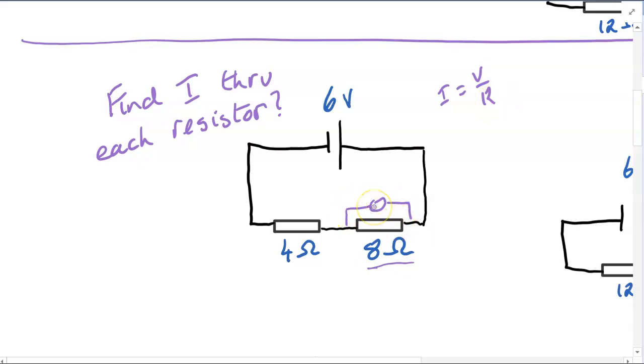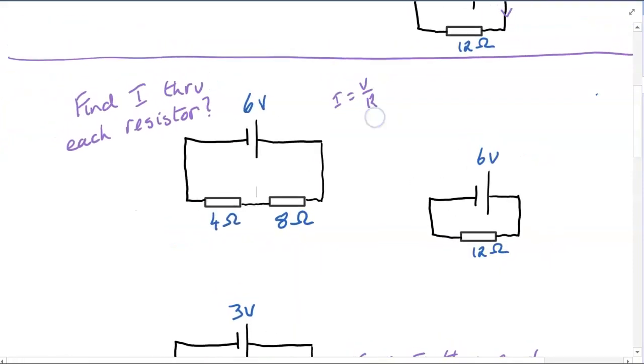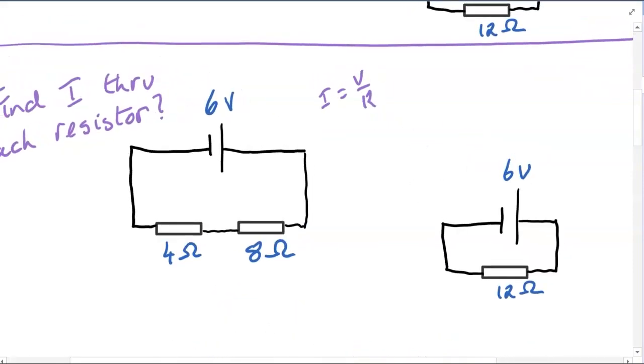I don't know that. I know the voltage across the whole circuit is 6 volts, but I don't know the voltage across individual components. So what we do is we use our formula for finding effective resistance or total resistance, and in this case, because it is a series circuit, you're just adding them together.